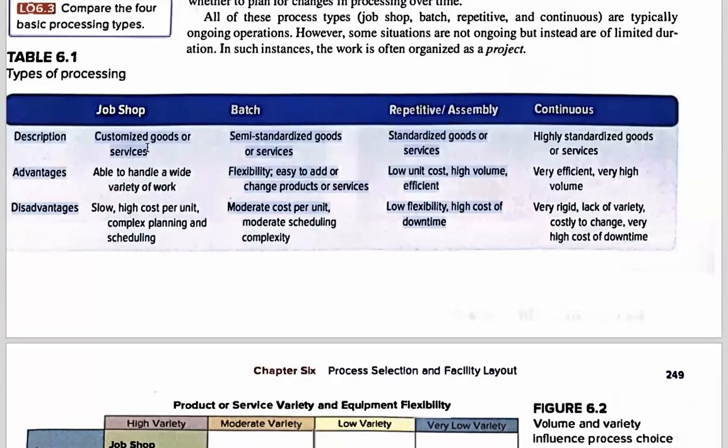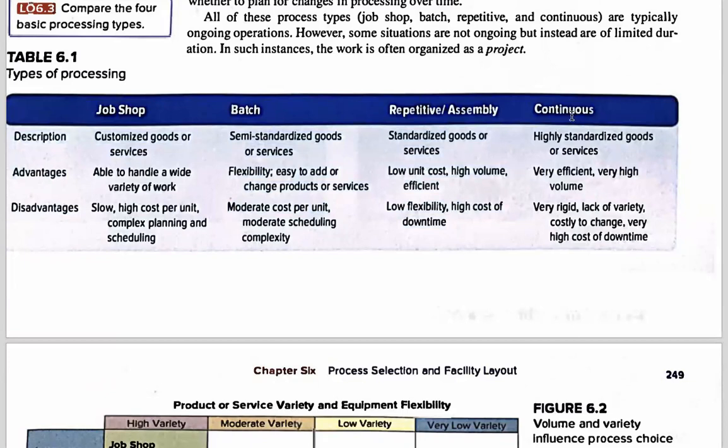Every customer is a unique customer. Every customer wants something different. So standardization is not possible in job shop, but in repetitive or assembly type of layout, standardization is needed to increase the speed. So unit cost is also reduced accordingly because of standardization, and flexibility is low.